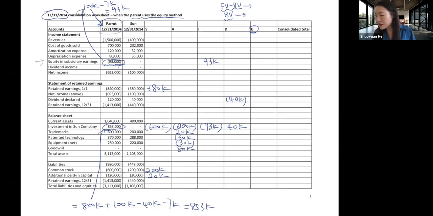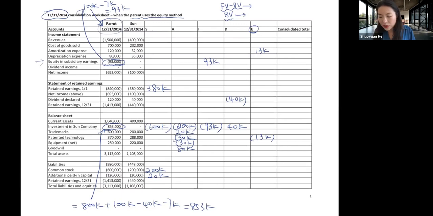So this part needs to be taken care of as well, and we're doing it on the consolidation worksheet. Specifically, for the difference, the trademark is not amortized. Patented technology is amortized over 10 years. So each year, the amortization is 13,000. This is an amortization expense because patented technology is an intangible asset.